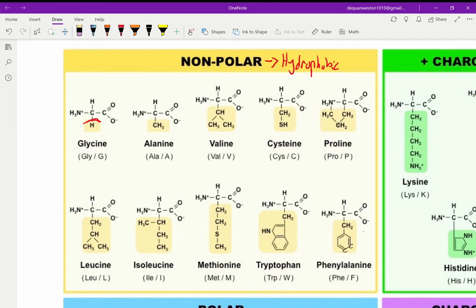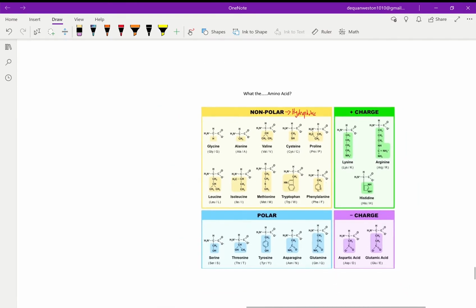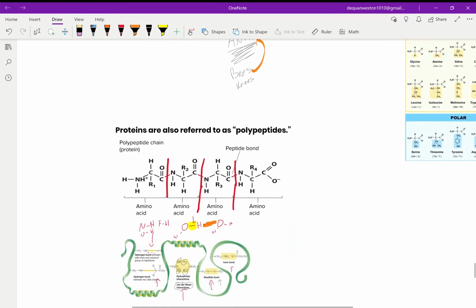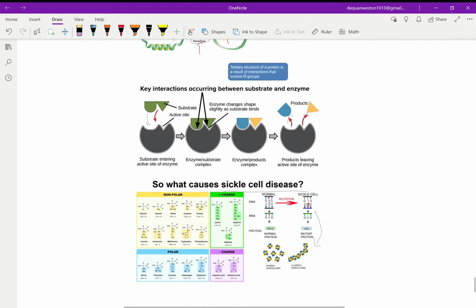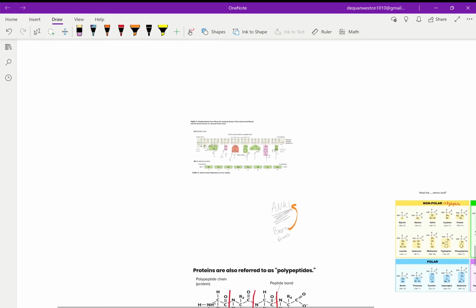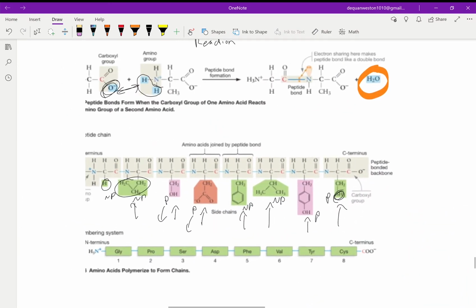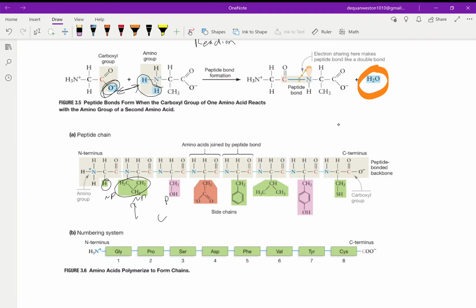Alright, so what did we just say? How to look at nonpolar. Actually, for the example, let's go over to this video I made earlier. Let's go through here and look at this after talking about what we just talked about.